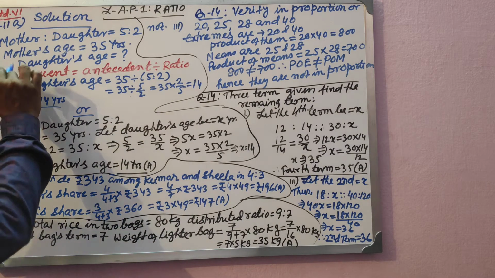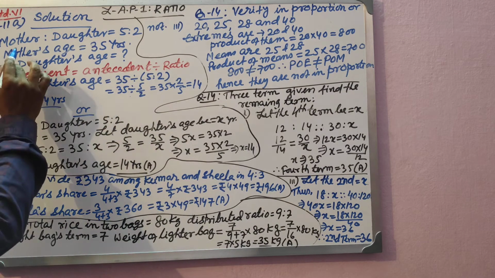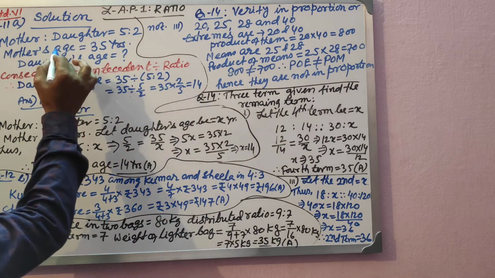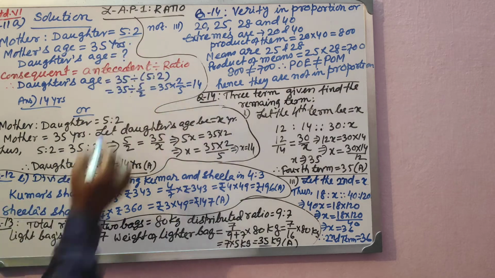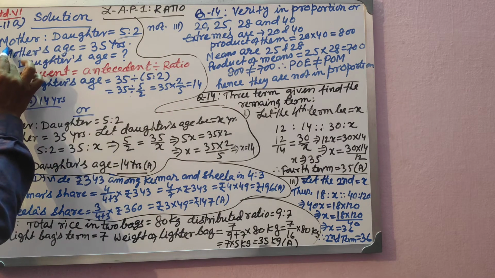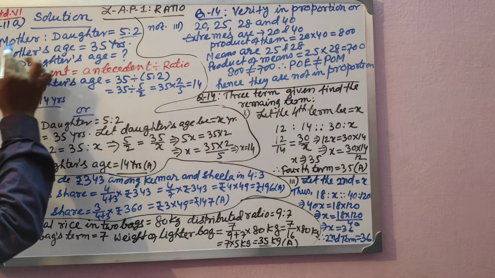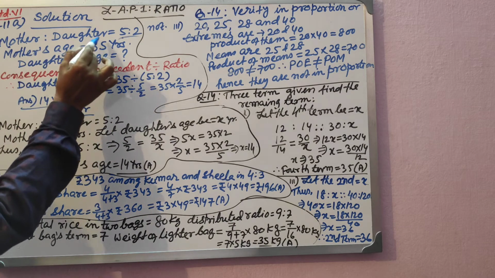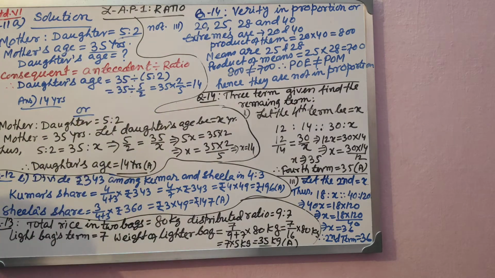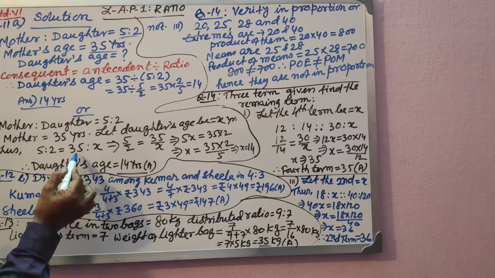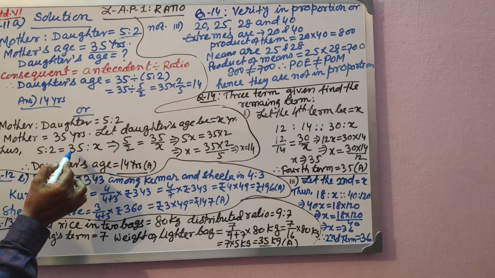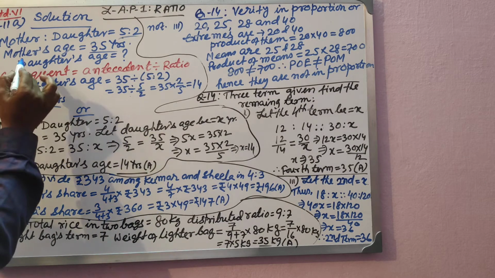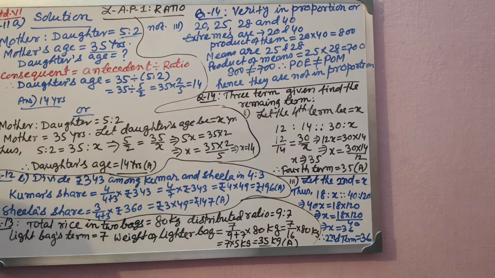Okay, fine. So with the formula, mother is to daughter is equal to 5:2. The ratio is given, written first. Now mother is in antecedent. This 5 is mother's term. So mother's age is given in years for the second ratio. If you make it a proportion, then the mother's age will be in the antecedent place, first place. So mother's age is equal to 35 years given.